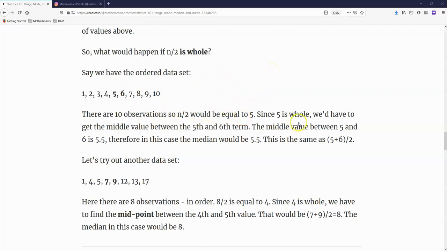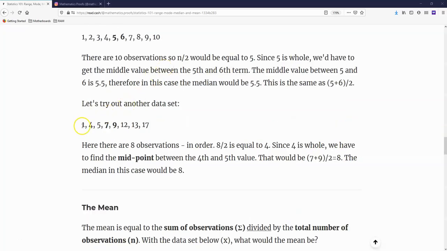Since 5 is whole, we'd have to get the middle value between the 5th and 6th term. The middle value between 5 and 6 is 5.5. Therefore, in this case, the median would be 5.5. This is the same as 5 plus 6 divided by 2.